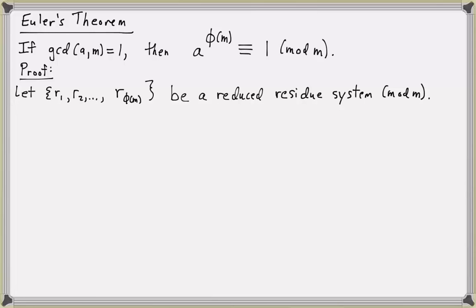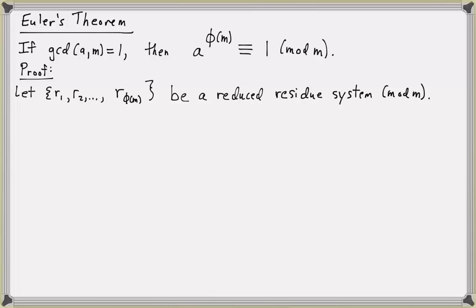Recall, this means that each of the R's are mutually incongruent mod m, and each R is relatively prime to m. So you can think of this as a set containing all the possible residues that are relatively prime to m. From this reduced residue system, we're going to build another reduced residue system.